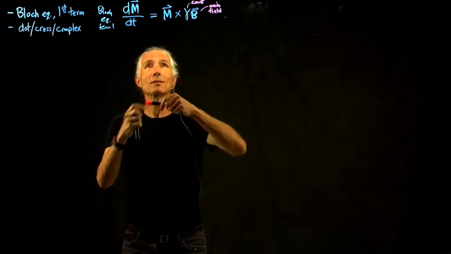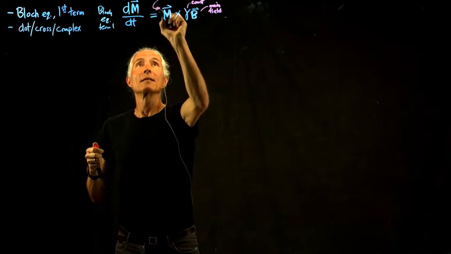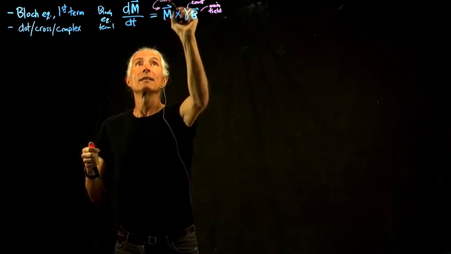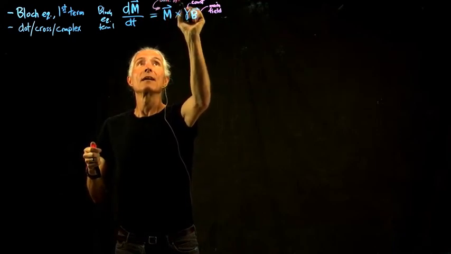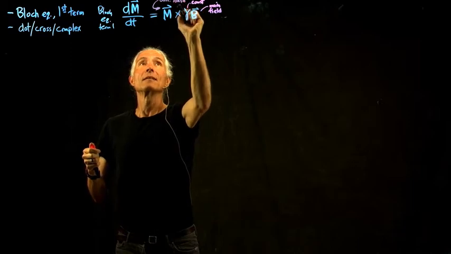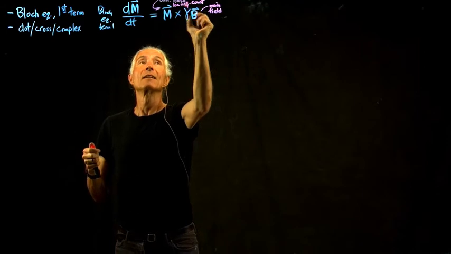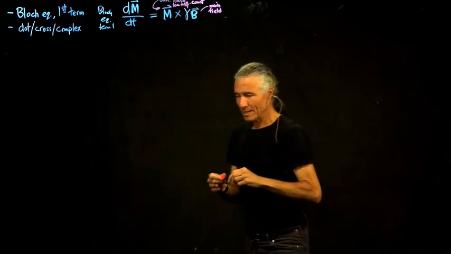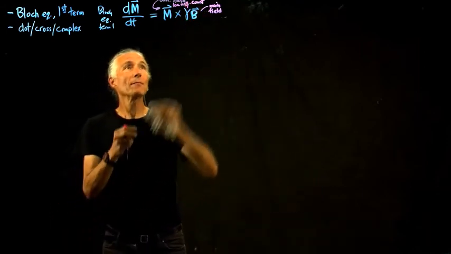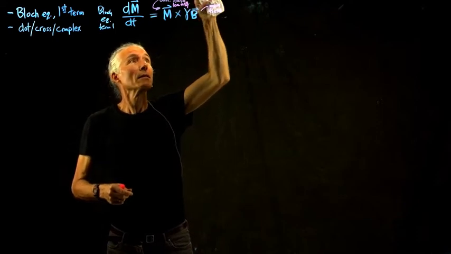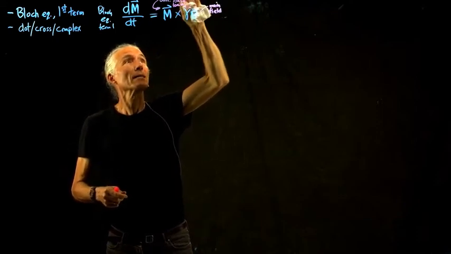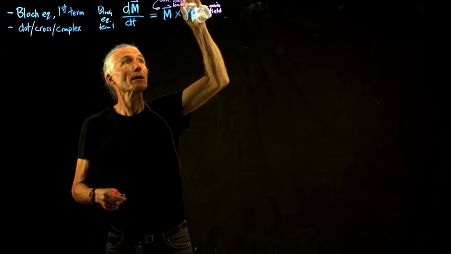And then this thing is just the current state of the local magnetization, or local voxel magnetization. That's the bulk magnetization within a voxel.